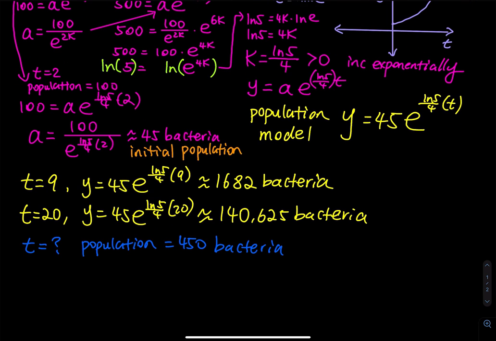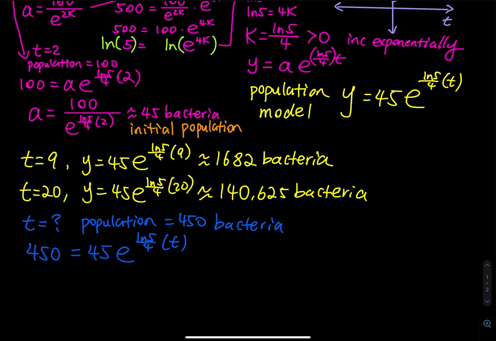To do so, you have to let y equal 450. That is equal to 45 times e to the ln phi divided by 4 times t. This time you are solving for t. You divide both sides by 45, you have 10, right? And that is equal to e to the ln phi divided by 4 times t.